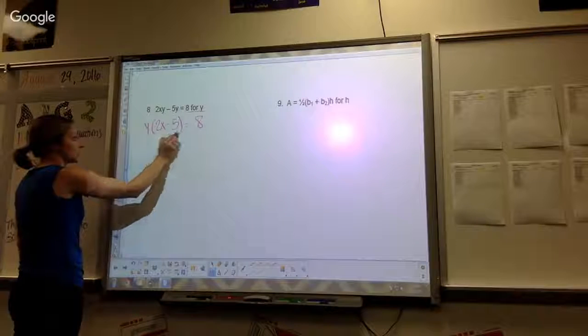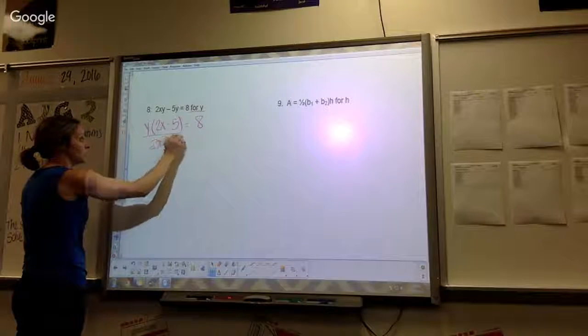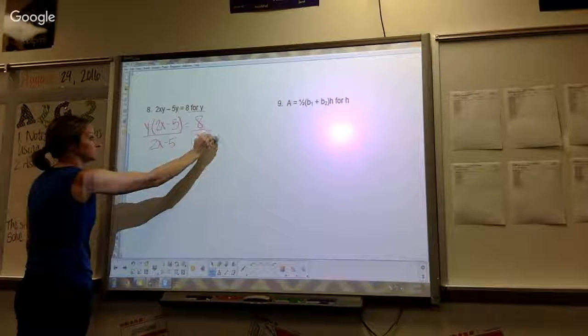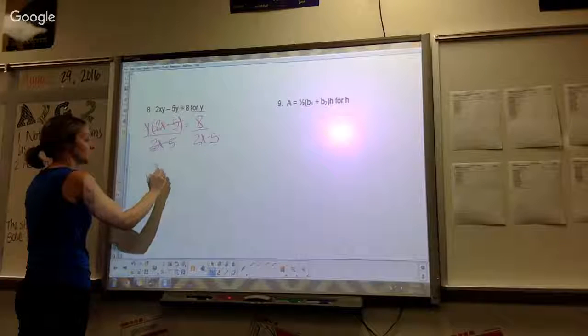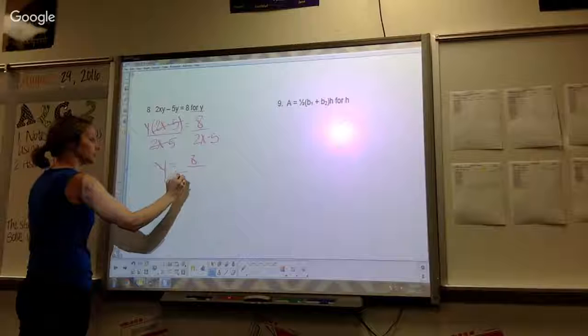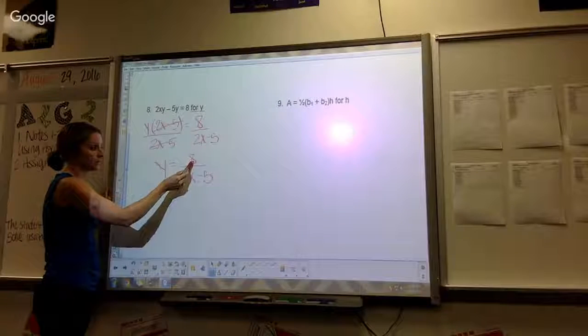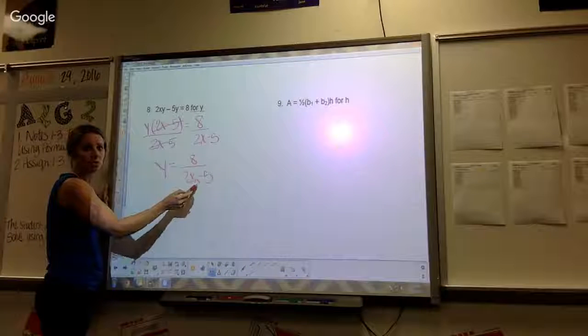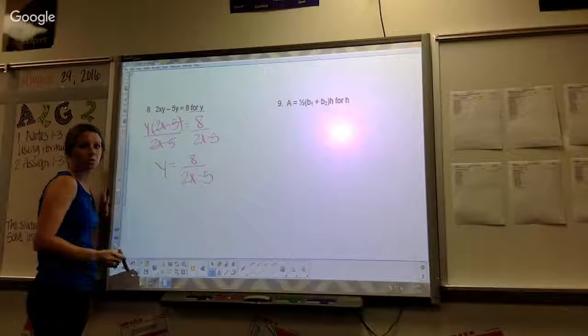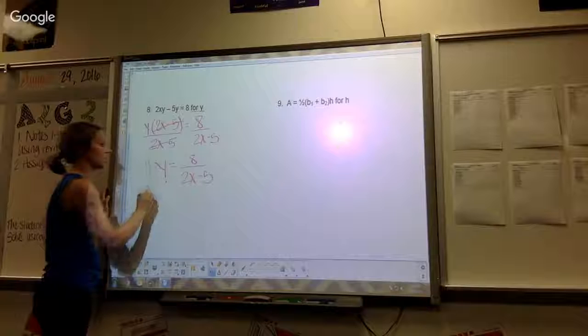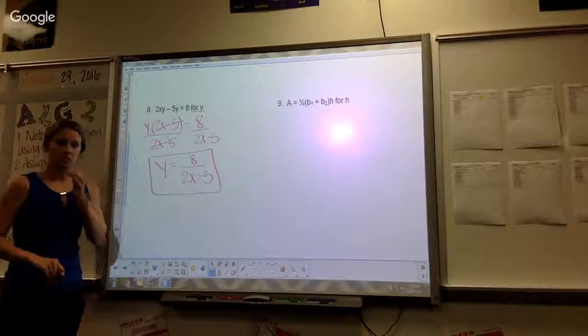To get rid of the 2x minus 5, I'm going to divide it on both sides. So y would equal 8 over 2x minus 5. We just talked about it up there in the previous example. You can't reduce all of this unless they all can be reduced by the same exact thing. Okay, so that would be our final answer there.